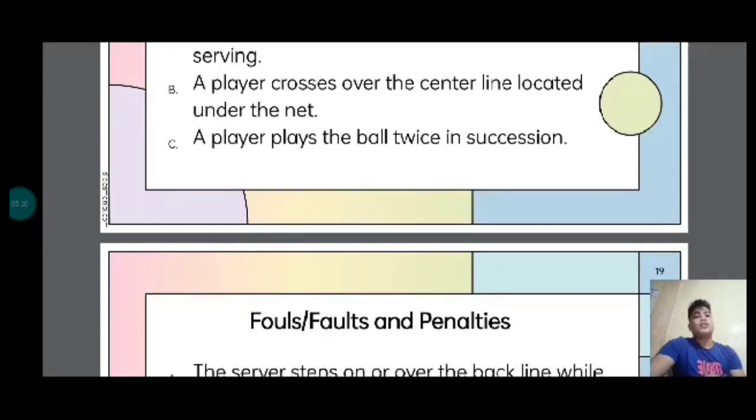Another one is a player plays the ball twice in succession. Since we have the rules and regulations for volleyball, we have only 3 hits before we pass the ball over to the opponent's side. So a single person must only hit it once, not twice.